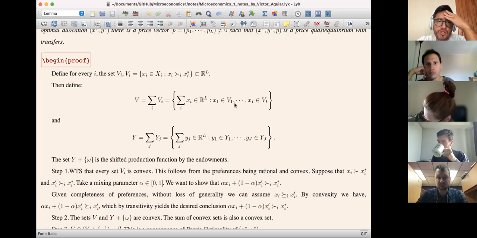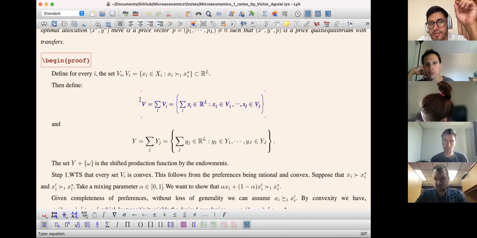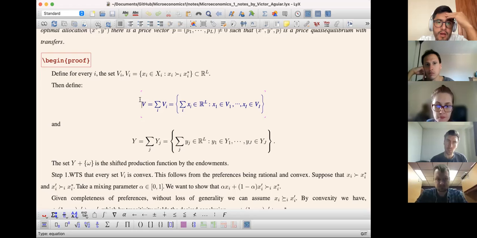In other words, if I take an element in V, this element can be constructed as the summation of elements in the sets V_i. Okay. So why can I add things here? Remember that these are commodity bundles, and commodity bundles live in the reals, so addition is well defined. I'm just adding commodity bundles.